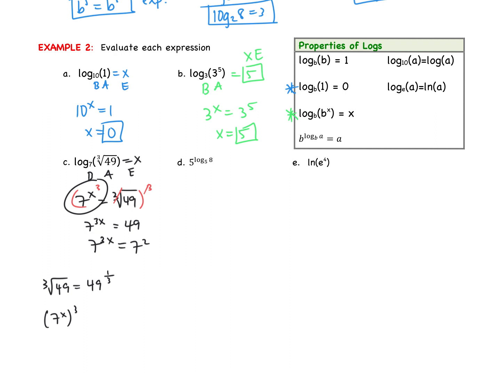Okay, so lastly, if the bases are the same like they are here, you can set the exponents equal. So our final answer is 2/3. Remember though, I do not want you to circle the x in your answer because we put the x in. So again, what that's telling us is this whole log has a value of just 2/3.